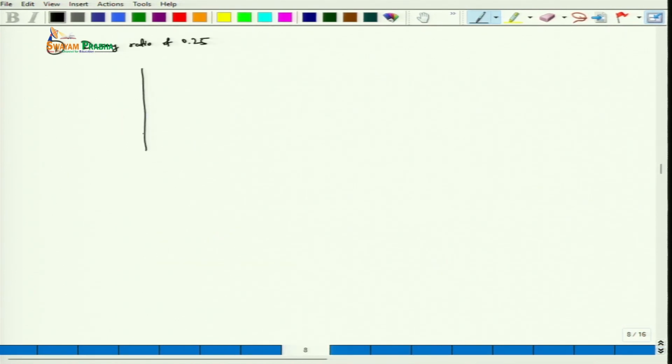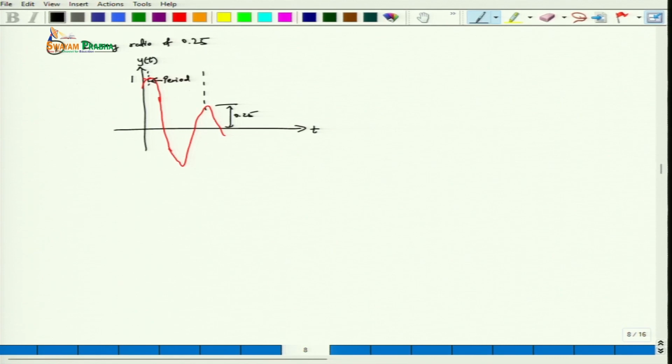So, in that scenario, if this is t and this is y of t, that is after we have applied the controller to the plant transfer function, say this is the output, this is equal to 1 and this is 0.25, and this scenario happens within the first time period.